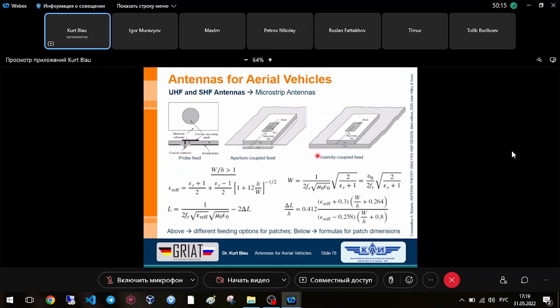And then another possibility is the so-called proximity coupled feed. It's very simple. Here you have the ground plane, then you have, let's say, substrate 2 with a relative permittivity of 2.